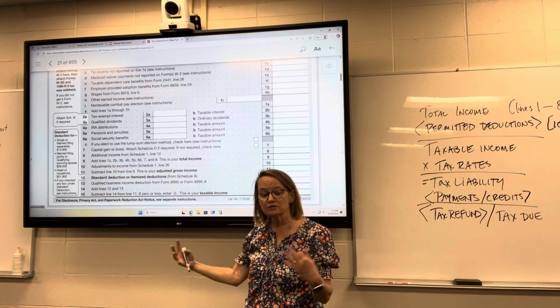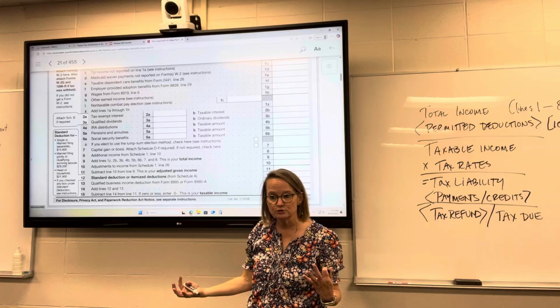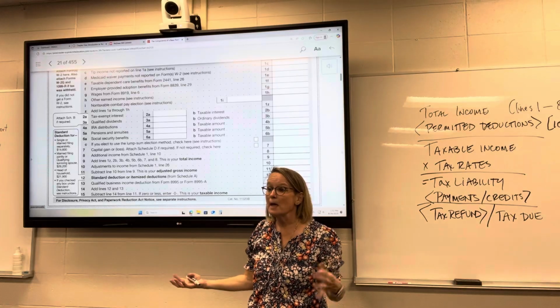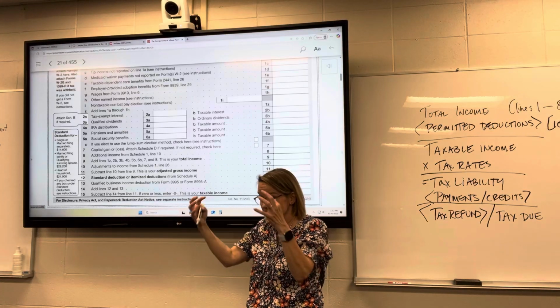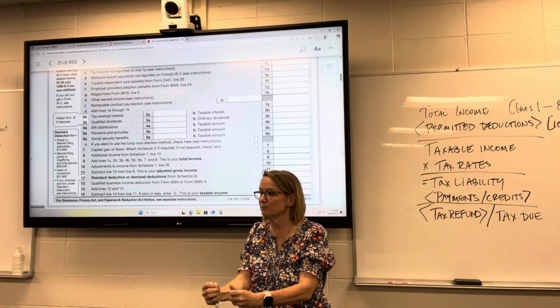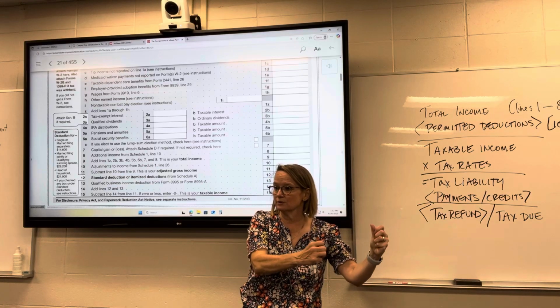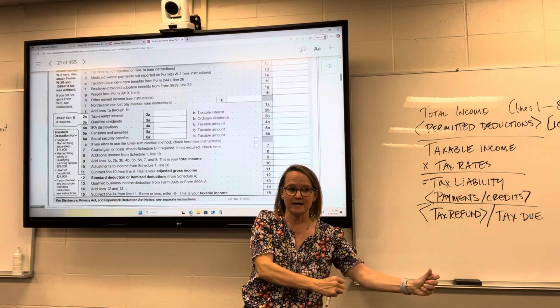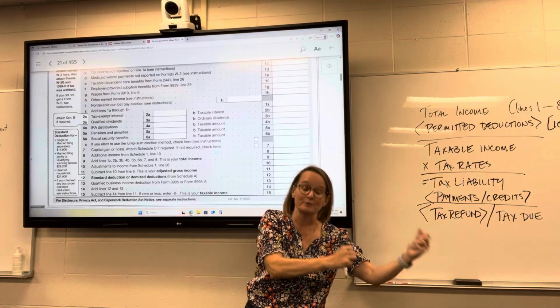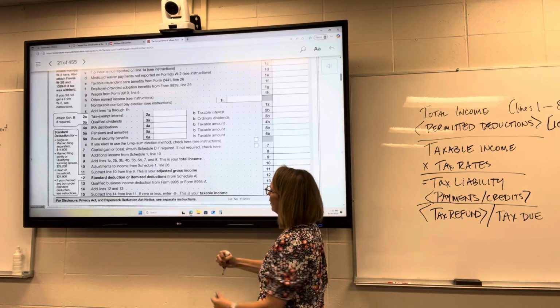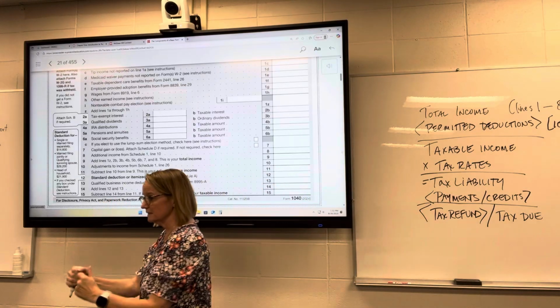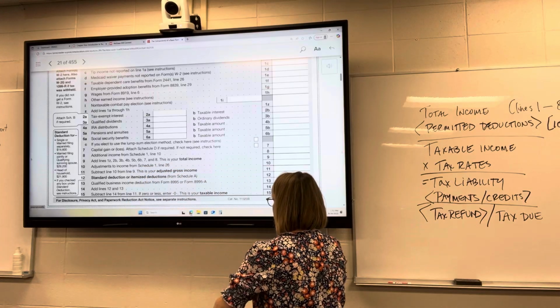Most taxpayers, you get a choice between which kind of deduction you take, and you get to take the one that's biggest. Big deductions are better because it's going to reduce your taxable income. If you have less taxable income, you pay less tax. Exactly. So bigger deductions means less taxable income, less tax.